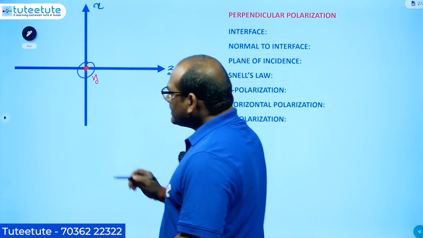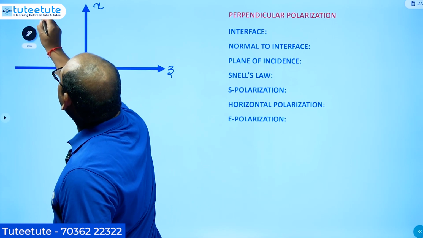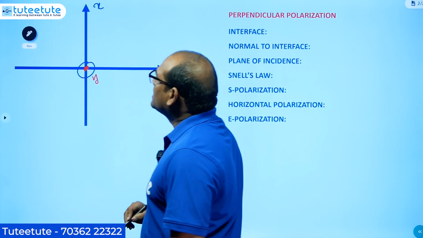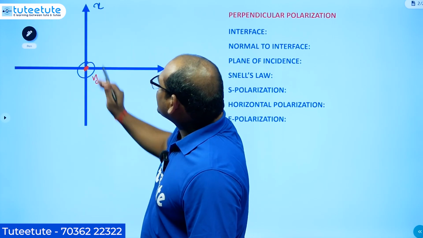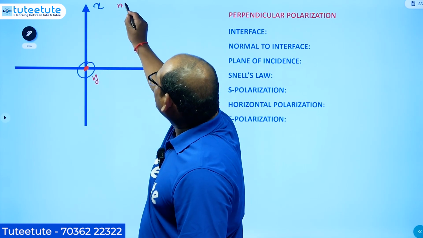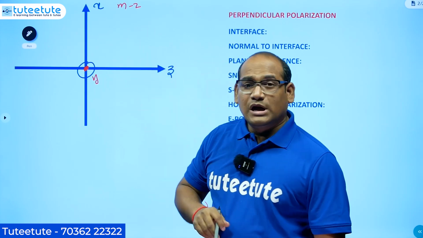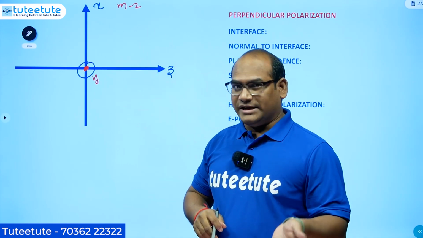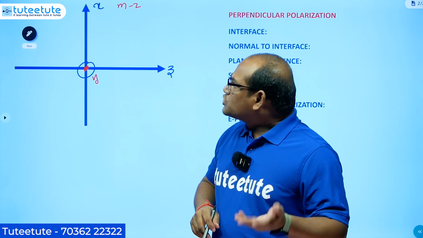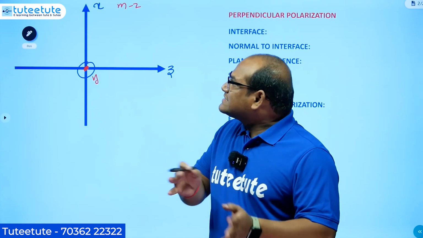So on the left side here, what is there? Medium 1. And on the right side of this xy plane, what is there? Medium 2. That means those are two different media. How do we categorize these two media?